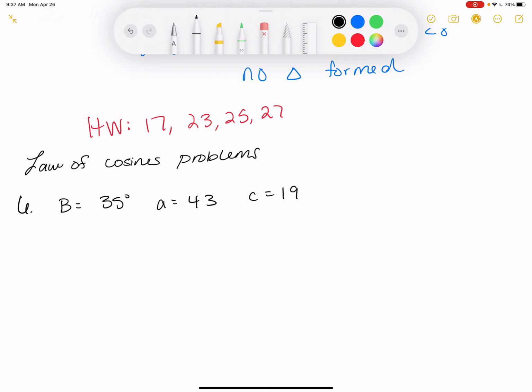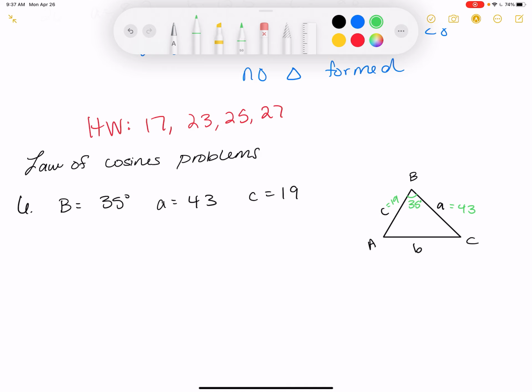All right, so just for perspective here, we've got A, B, C, and then little a, little b, and little c. The ones that we know: angle B up here is 35 degrees, little a is 43, little c is 19.